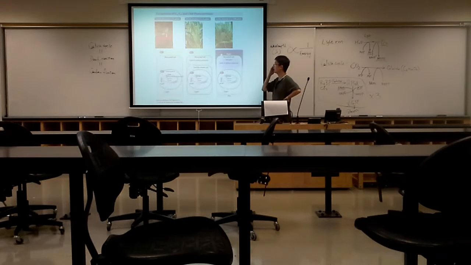For CAM plants, it is similar, except that instead of having a separate mesophyll cell and bundle sheath cell, they use a specialized vacuole that can store carbon dioxide at night, because at night the stomata are open, so the carbon dioxide can go in. When it goes in, carbon dioxide will be stored in the vacuole as a 4-carbon molecule.